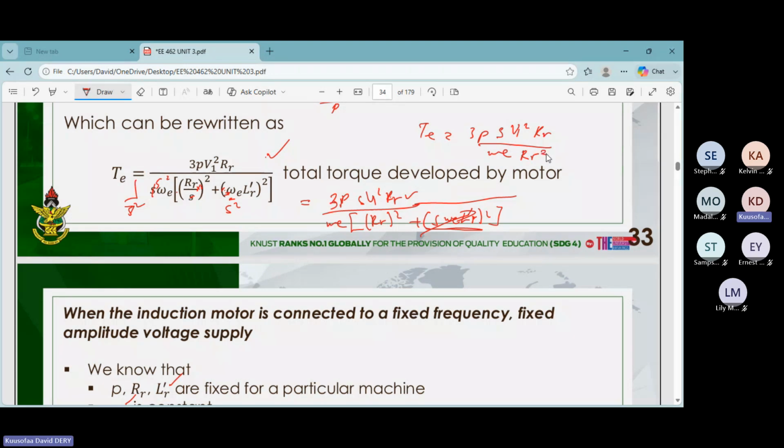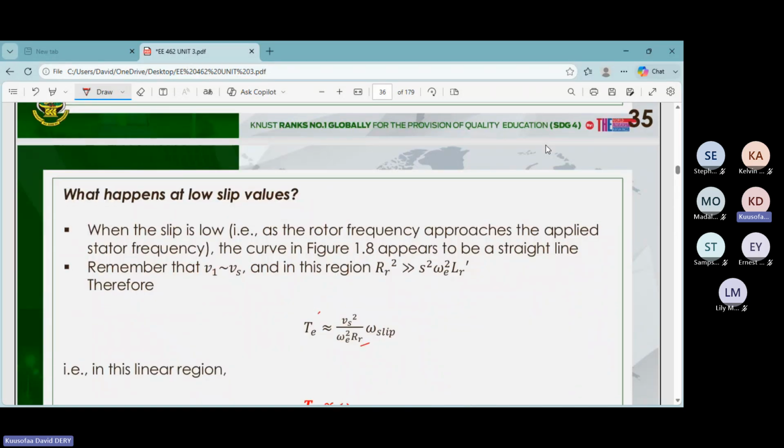So one will cancel the other one. That is what we are going to have, right?